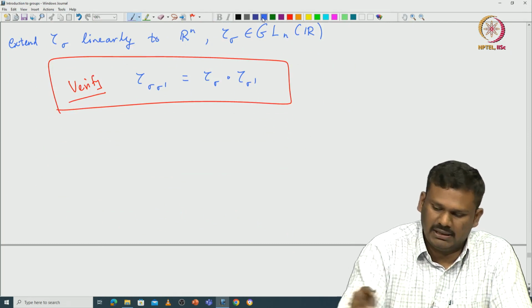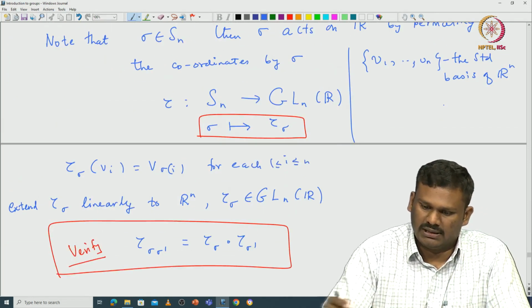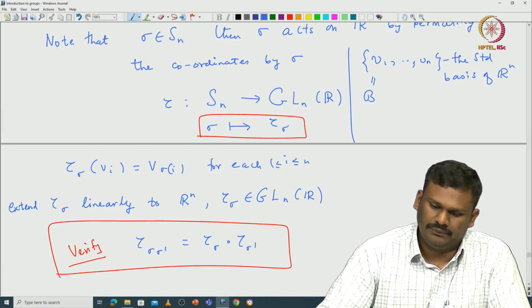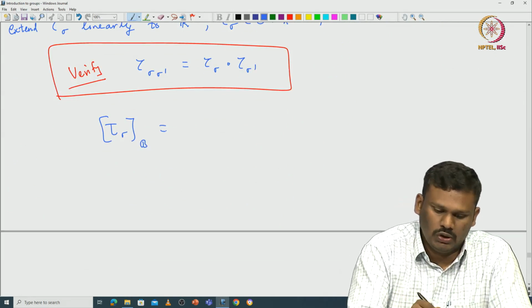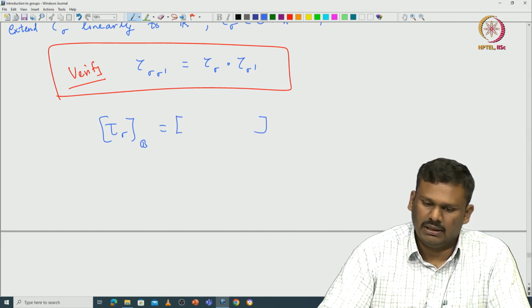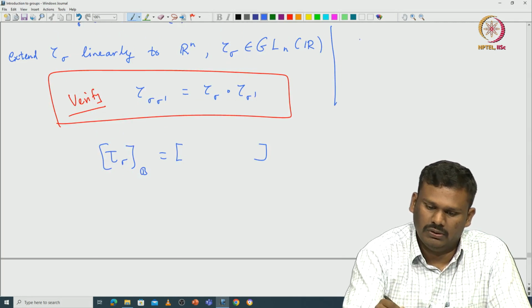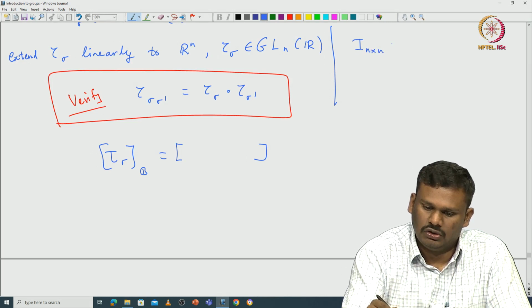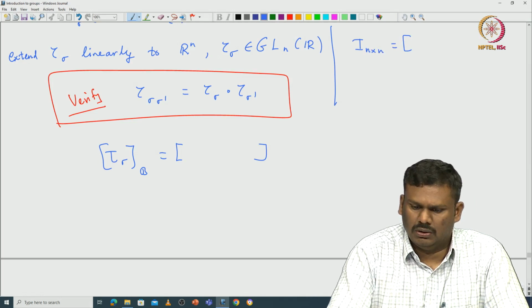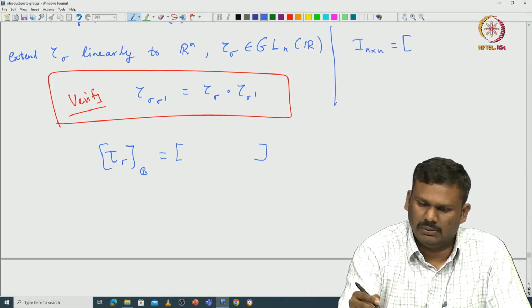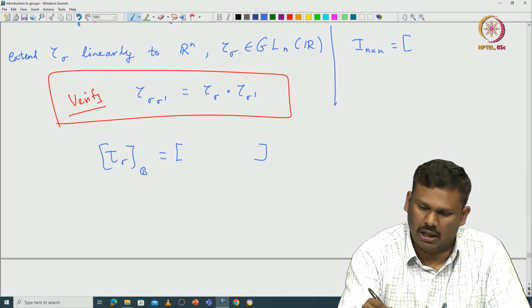Okay. You take this standard basis V1 etc. Vn. Let us call it B. Then tau sigma with respect to this standard basis is exactly obtained from the identity n by n matrix. I am going to use column notation.